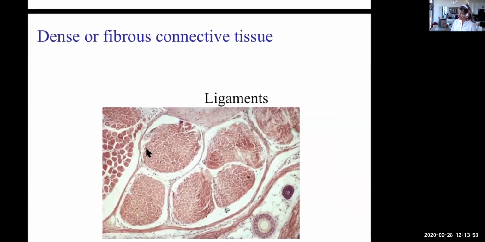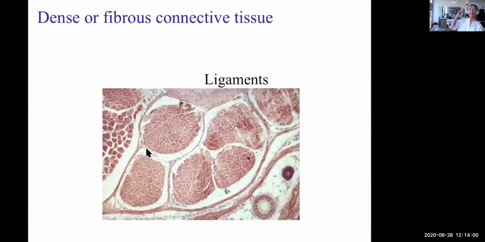Dense or fibrous connective tissue, those are such things as ligaments and tendons. So this cross section here is a cross section of ligaments. And all of these are densely packed ligaments. The fibers are parallel collagen fibers.